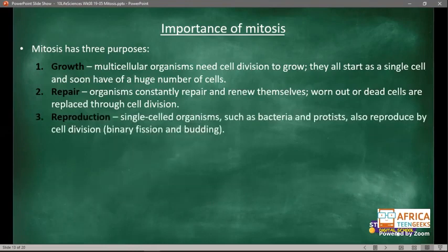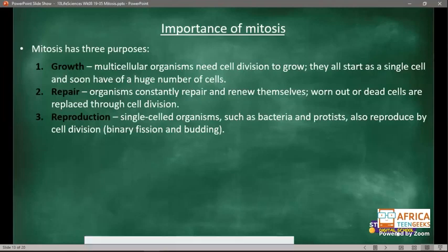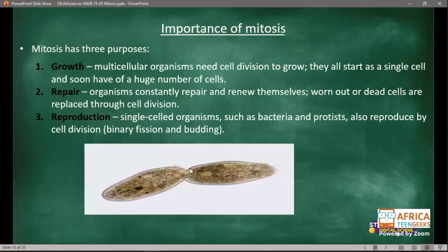And number 3, reproduction. I'm going to give you the answer, Tyler, because you just said reproduction. So single-celled organisms such as bacteria and protists also reproduce by cell division, and that is called binary fission or budding. So there's an example of a single-celled bacteria or protist undergoing the process of budding.